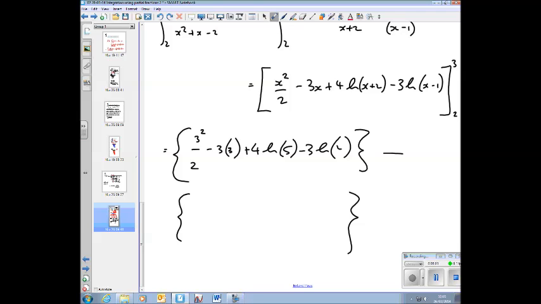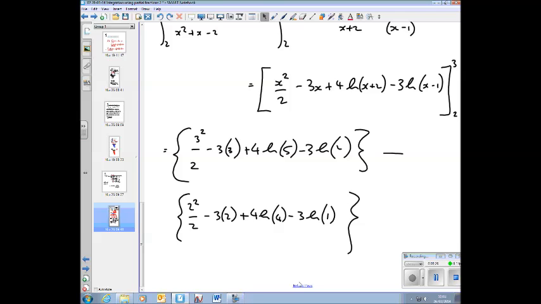So we need a calculator to work out the natural log of these numbers. So it will be 2 squared over 2 minus 3 times 2, plus 4 log 4, minus 3 log 2 take away 1 is 1. And that will give the answer.